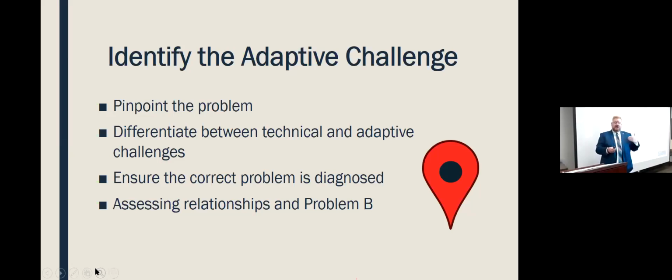You also want to make sure that you're ensuring that the correct problem is diagnosed. And you also want to assess relationships and problem B. So some of the things that you mentioned, if we're looking at human trafficking and forced labor issues and challenges come up, that would be a problem B. And as the leader, you may have the vision and the foresight to know that that's coming.